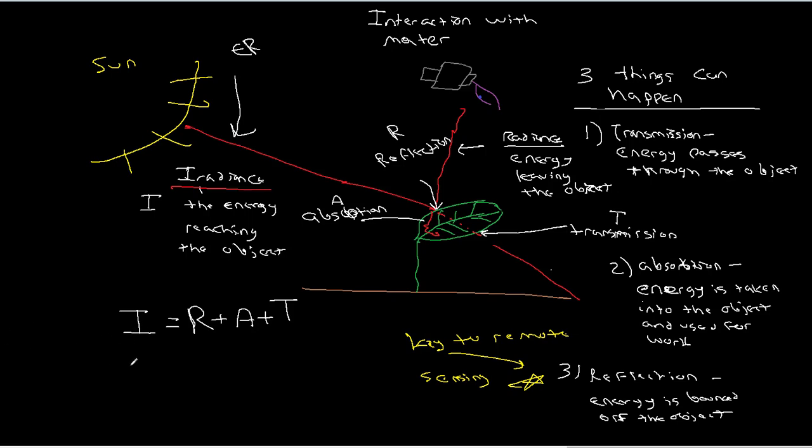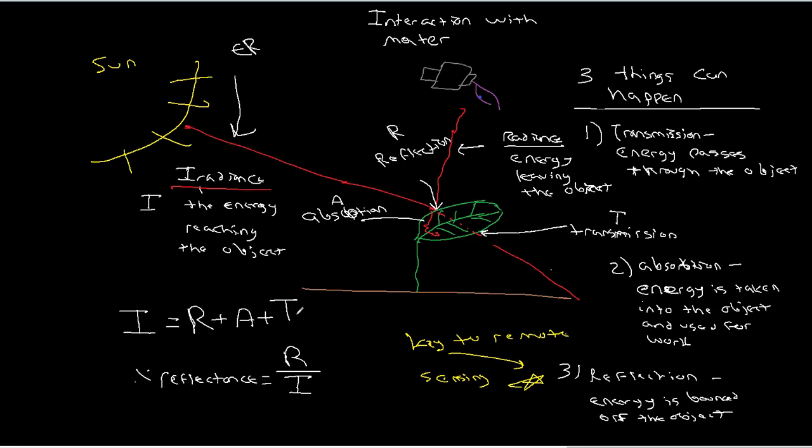So, one other equation: percent reflectance. Percent reflectance is going to be R over I. The amount of energy that's leaving divided by the amount that came in is going to tell us what proportion of the energy was reflected.